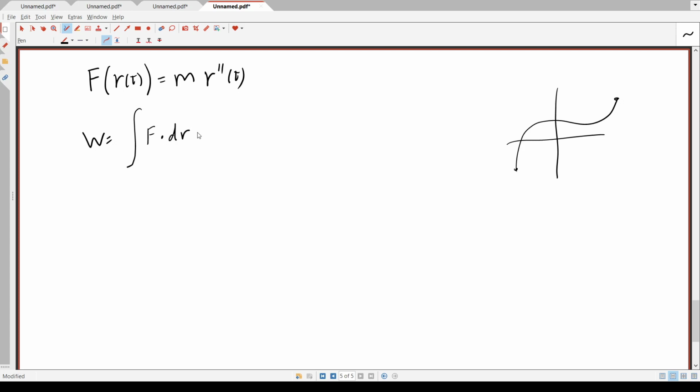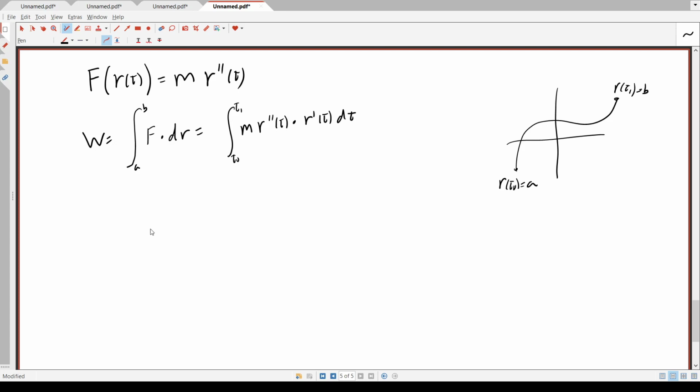So I put this in, and let's expand this out. So this is the integral from t0 to t1. We'll say that r of t0 is point A, and r of t1 is point B. So this is going to be m r double prime of t dot r prime of t dt, right?